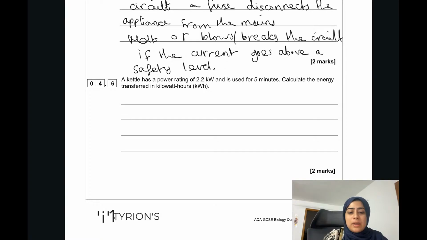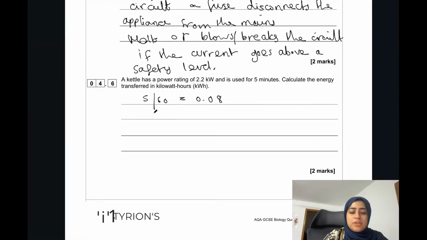Next, it says a kettle with a power of 2.2 kilowatts is used for 5 minutes. What's the energy transferred in kilowatt hours? So here we would convert time into hours first. So 5 minutes into hours, 5 divided by 60, and that gives 0.08.